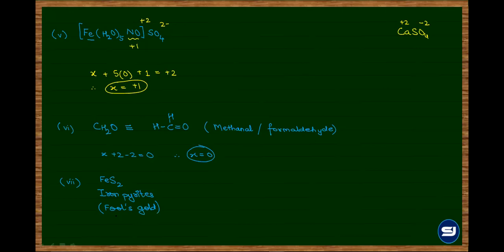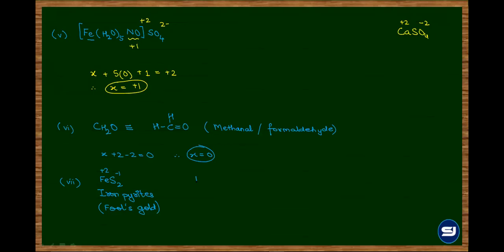Fake gold, used in imitation ornaments to replace real gold, is FeS2. In FeS2, iron pyrites, the oxidation number of iron is +2 and sulfur is -1.